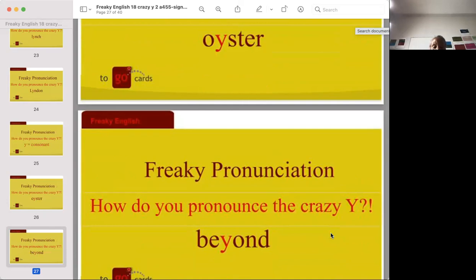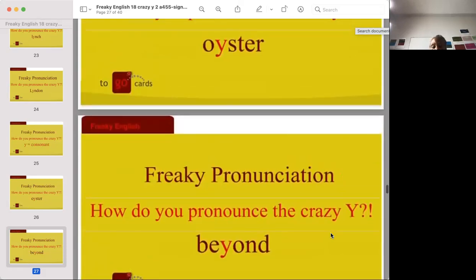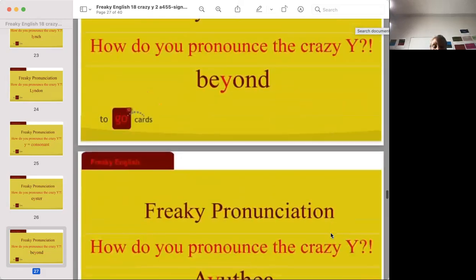So here, these are examples of what I said was not common. The Y is not beginning the word, but the Y is a consonant. And how do I know? Well, because of the pronunciation. Oyster, beyond.